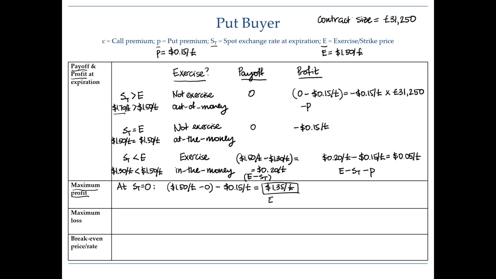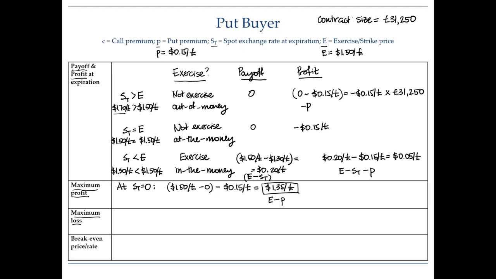So the generic expression would be the difference between the exercise rate and your premium. But how about the maximum possible loss then? Remember that a put option is a contract that gives the holder, or the buyer, the right to sell pounds for $1.50, but you do not have to do so. As we can see here, when the future spot rate happens to be the same as the exercise rate or higher, we simply do not exercise the contract.